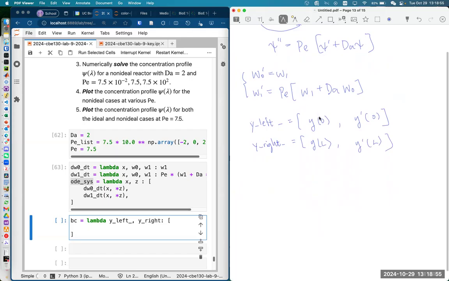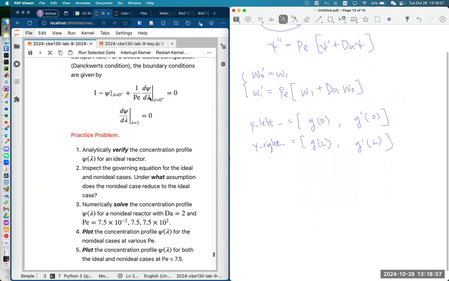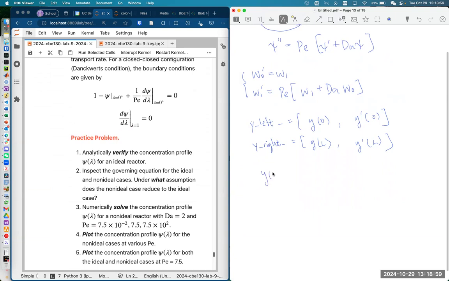If I have an initial condition that contains y0, how do I write it in Python? So y0, first, it is on the left. This 0 indicates it's on the left. So we have y left. It's a list, so we want to index. What do we index?